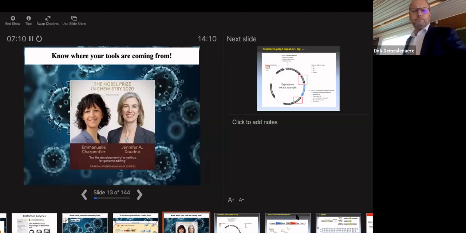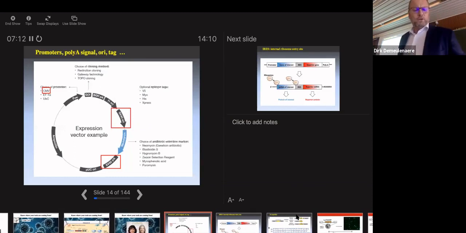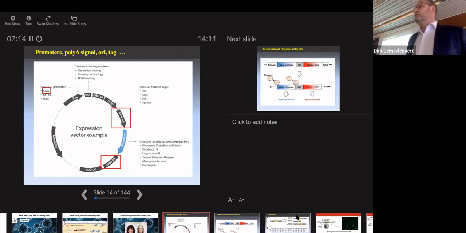Okay, what are all the tools that you use as a molecular biologist? Well, if you just analyze a simple plasmid, you will find a lot of different sequences derived from viruses: promoters, CMV promoters that you find in 50% of the expression plasmids. This is a promoter cloned from human cytomegalovirus.